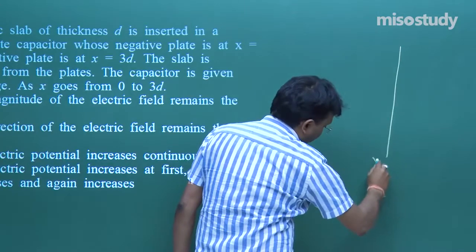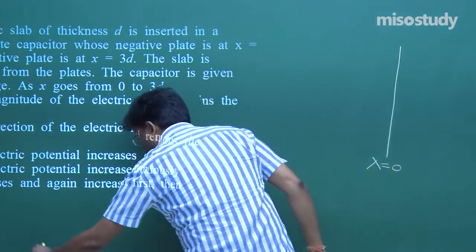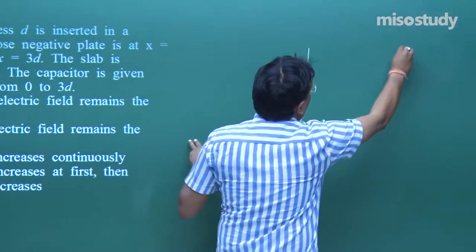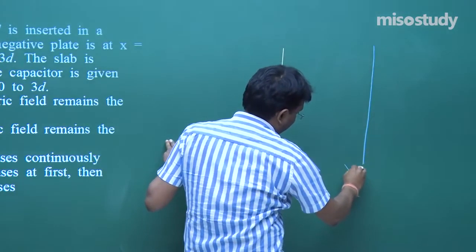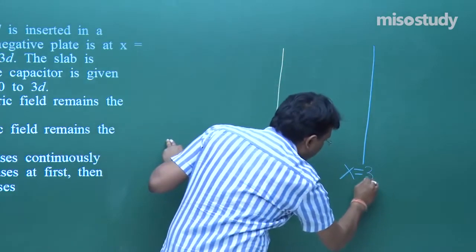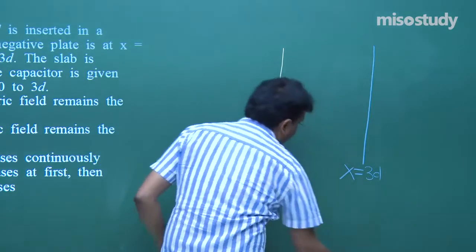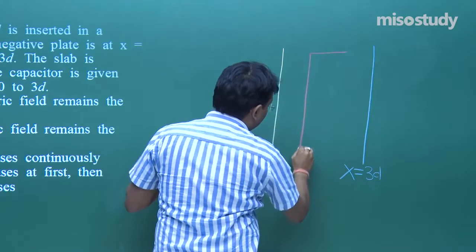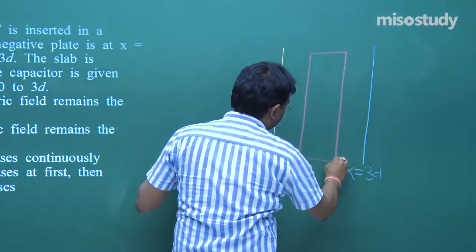This is, let us say, x equal to 0, and let us use different color chalks, and this is x equal to 3d. Fine, x equal to 3d. Now in between this something is there, so using this red color chalk I am showing that.